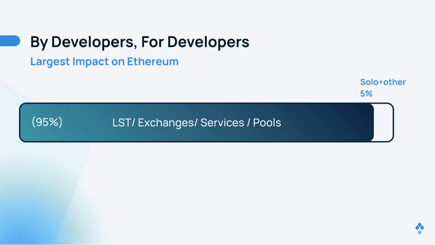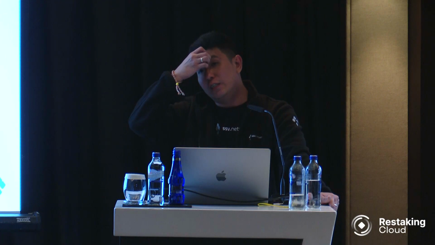So for us, like I mentioned, we are very focused on developers. What we believe will have a larger impact on Ethereum is developers, developers and developers, having a long tail of different LSDs, exchanges, integrating with the service, and staking services and pools. So if there are any developers right here, I'll take this chance to shout out.